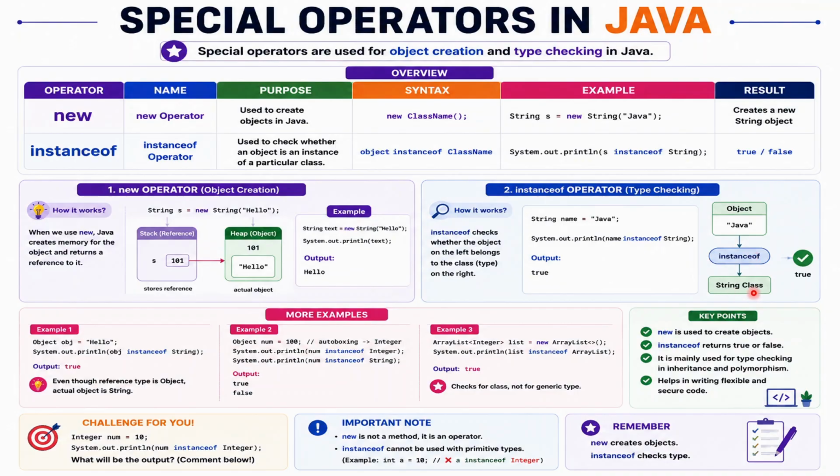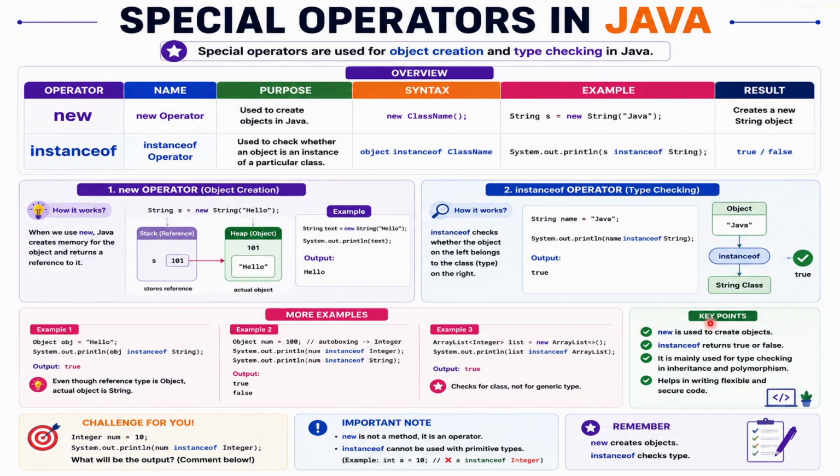Name is the reference variable, and this is the object we are creating, of type String. So instanceof checks whether it is an instance of String or not. Since it is, it returns true. You are going to see these examples in the practical session of the video.